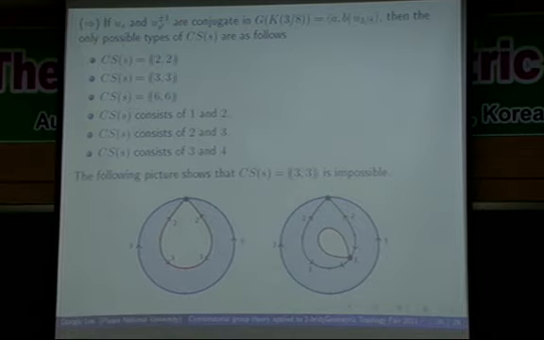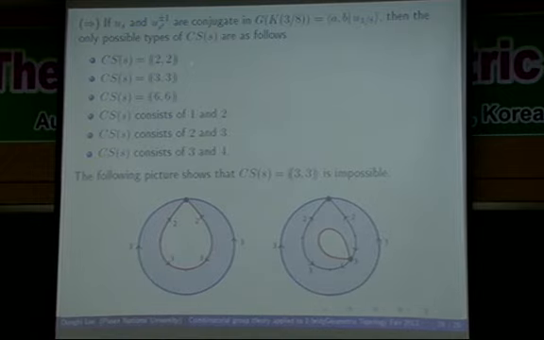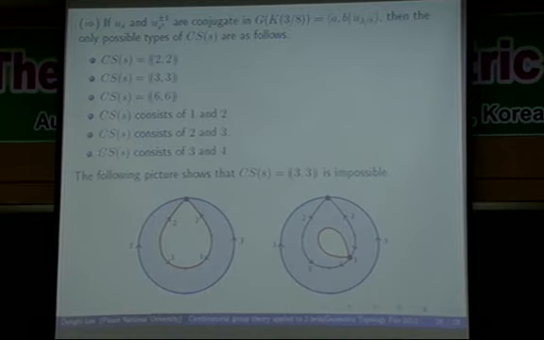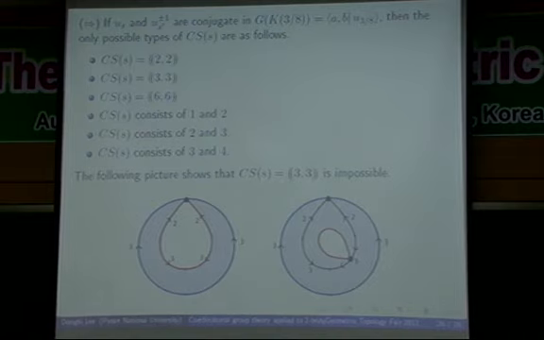If these two words are conjugate, then the only possible types of cyclic sequence of S are as follows. And here, this and this are possible, and the other four cases are impossible. And the following picture shows that the cyclic sequence of S equal to 3, 3 is impossible.